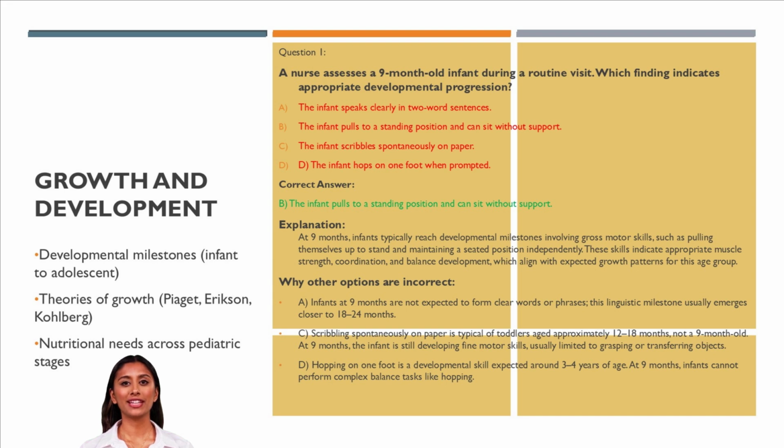C. Scribbling spontaneously on paper is typical of toddlers aged approximately 12 to 18 months, not a 9-month-old. At 9 months, the infant is still developing fine motor skills, usually limited to grasping or transferring objects. D. Hopping on one foot is a developmental skill expected around 3 or 4 years of age. At 9 months, infants cannot perform complex balance tasks like hopping.